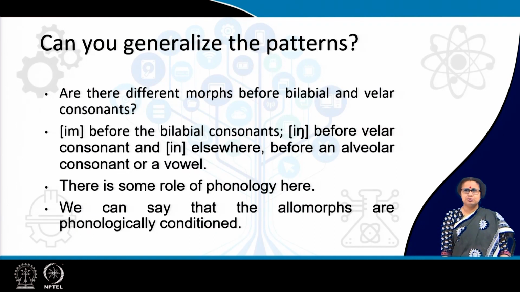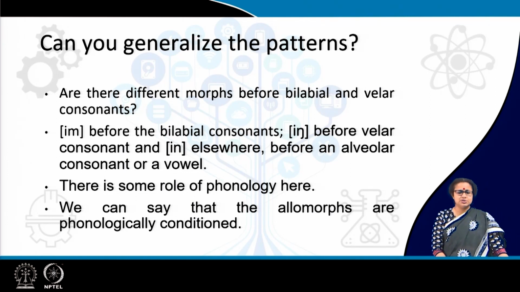If I ask you to generalize the pattern, you can say that there are different morphs according to particular phonological conditions. You can say that different morphs are occurring before bilabials and velar consonants, right.